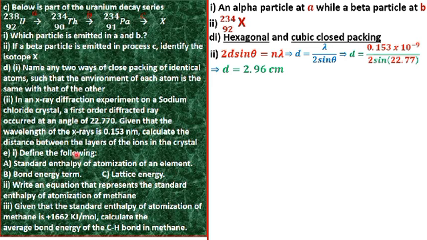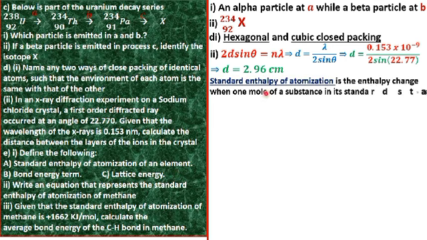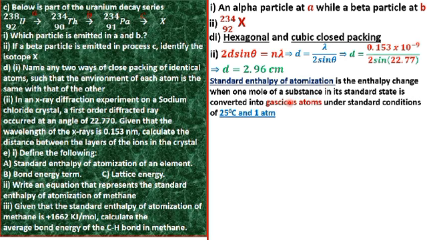Now the next part wants us to define the following terms. We have A, standard enthalpy of atomization of an element. Then B, we have bond energy term and lattice energy. Okay. So guys, standard enthalpy of atomization of an element is simply the enthalpy change when 1 mole of a substance in its standard state is converted into gaseous atoms under standard conditions of 25 degrees Celsius and 1 atmosphere.